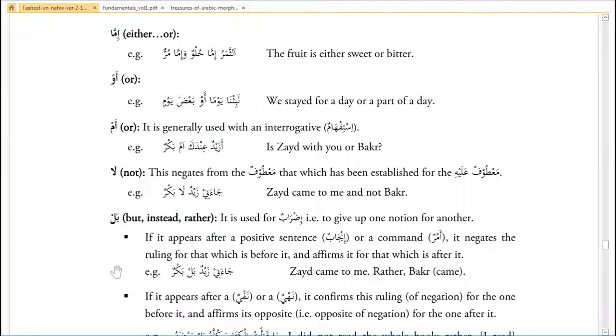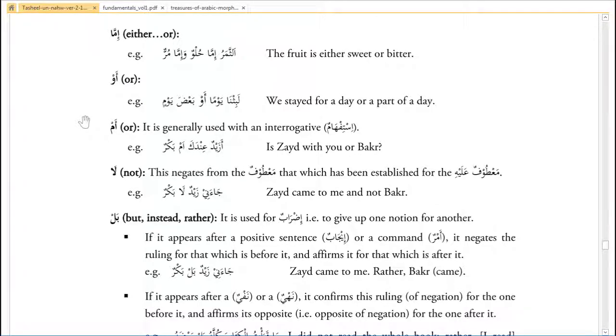So I just want you to know these are حروف عطف and their meanings. They might have later explanation. Just if you remember the meaning, that would be enough. But remember, imma is used for either or, aw is used for or, أم is used for istifham.